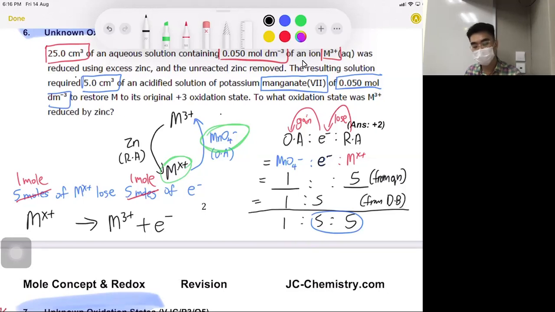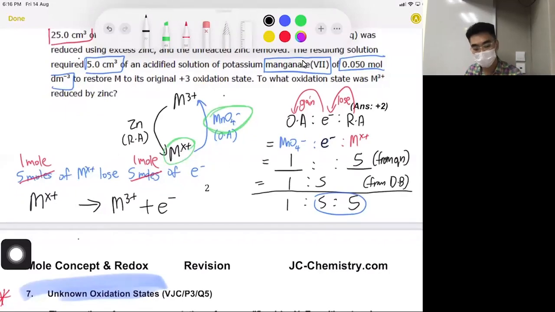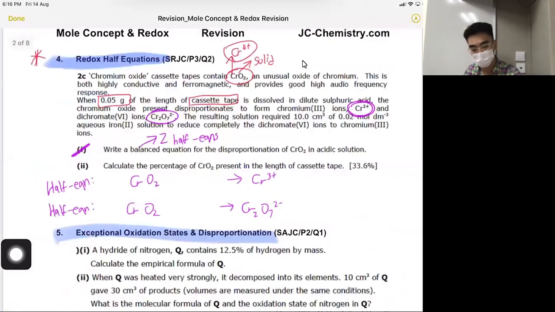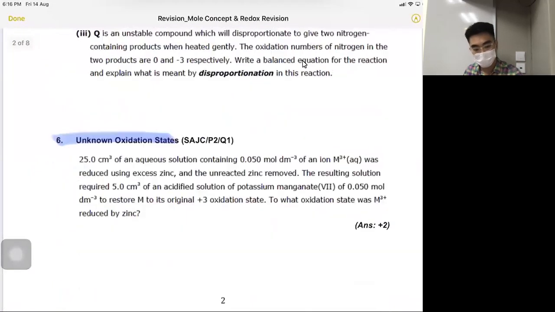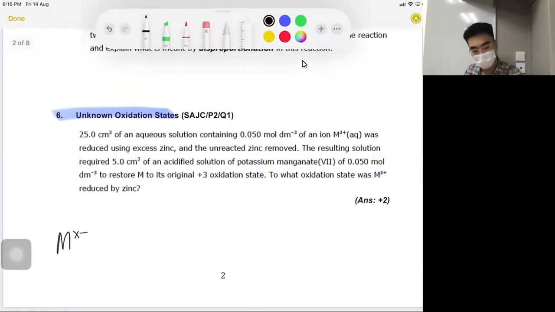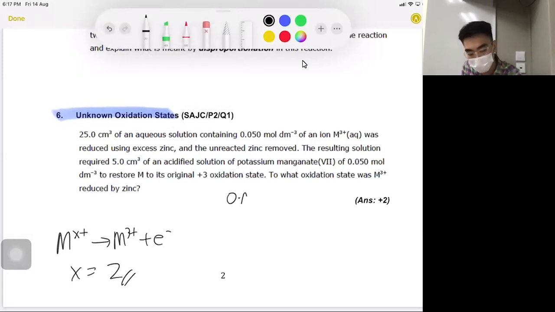Okay, so if you solve for this, what you are getting here is actually x equals 2. Okay. So I just quickly write the ratio again because it disappeared.